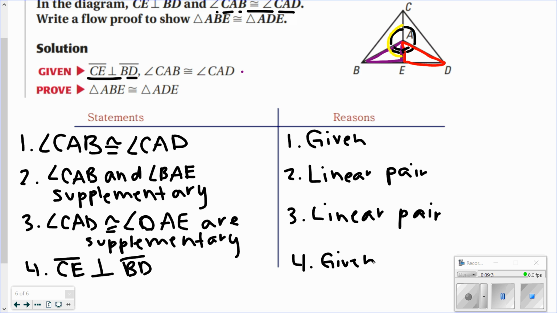So that means that these two lines form 90-degree angles. So I need to write that out.